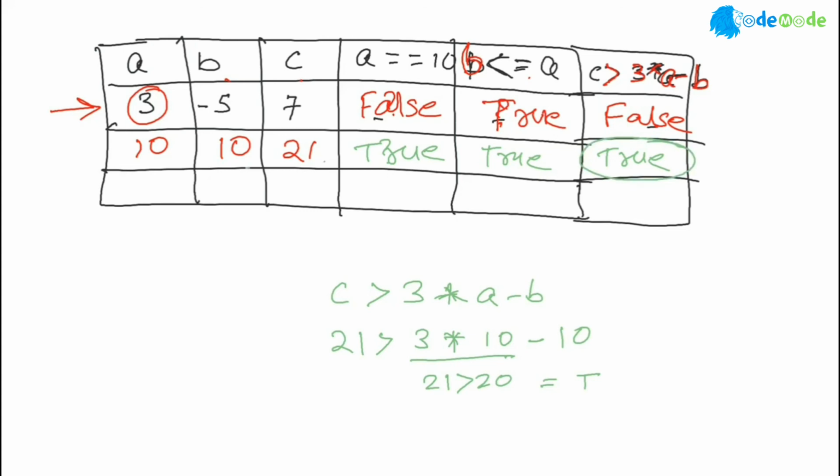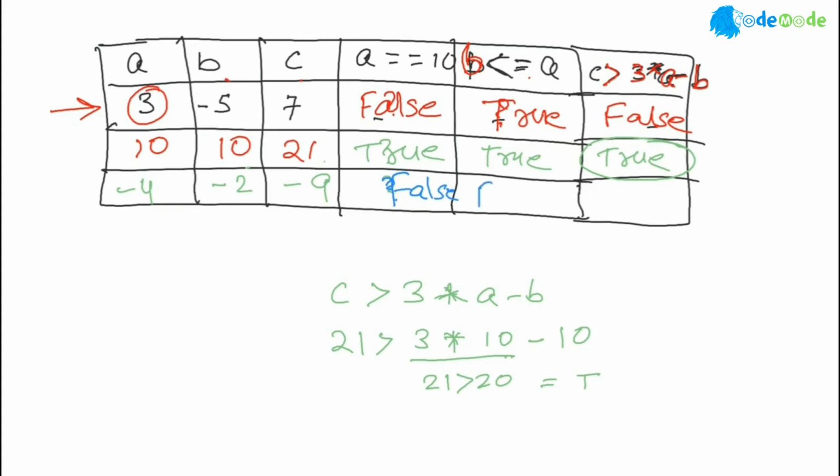Right? The last one: -4, -2, -9. What do you say, Rahim, here? False. Absolutely. Yeah. This is false. How about the next one? That would be also false.